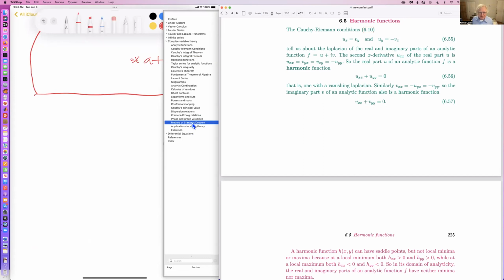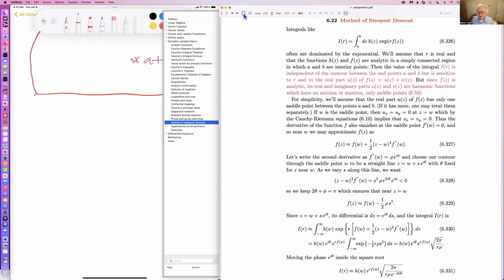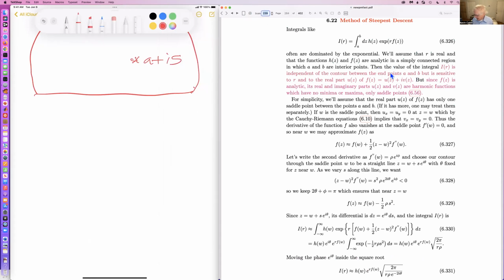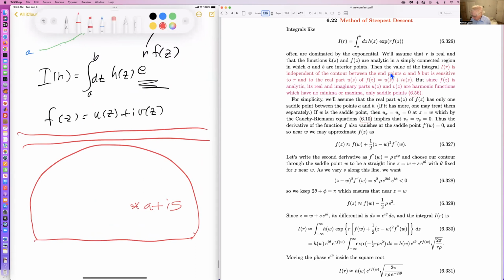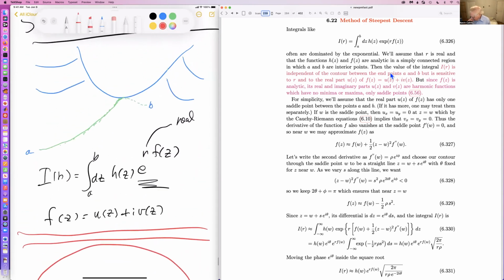So if we go back then to the method of steepest ascent, you see what we're stuck with is a saddle point. The idea is we're trying to get from a point A to a point B, and the only way to get there is to go over this barrier, and we pick a point in the barrier that's a saddle point.